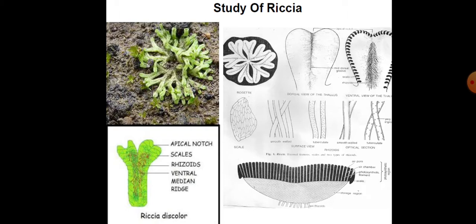In the storage region, rhizoids are present, and parenchymatous cells are present, and the food material is reserved in the form of starch. In the photosynthetic region, cells are loosely arranged, and you will see the air chambers here, and photosynthetic filaments are alternately arranged with the air chambers.